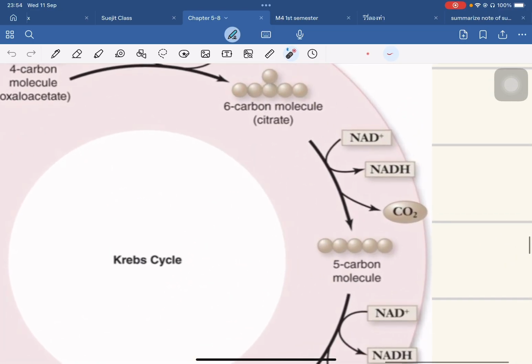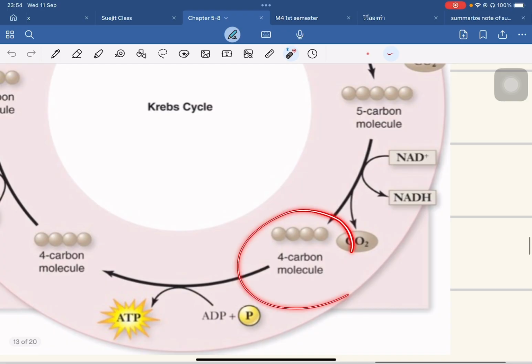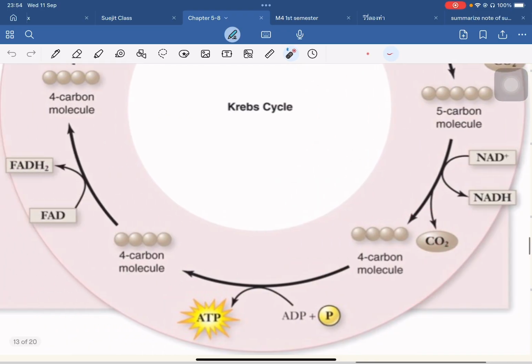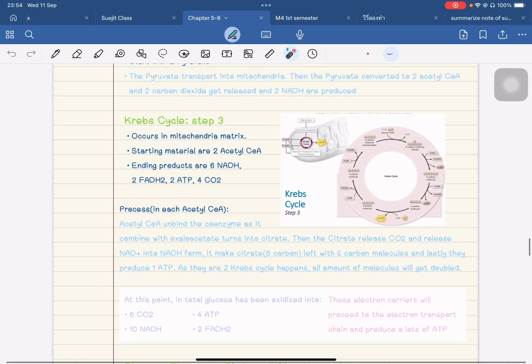After the first release of carbon dioxide, the citrate turns into a 5-carbon molecule, and then they do it again, turning into a 4-carbon molecule. While this happens, ADP plus phosphate turns into ATP. Lastly, they produce 1 ATP.